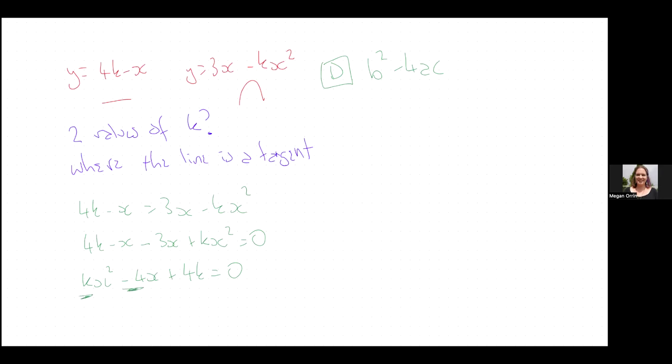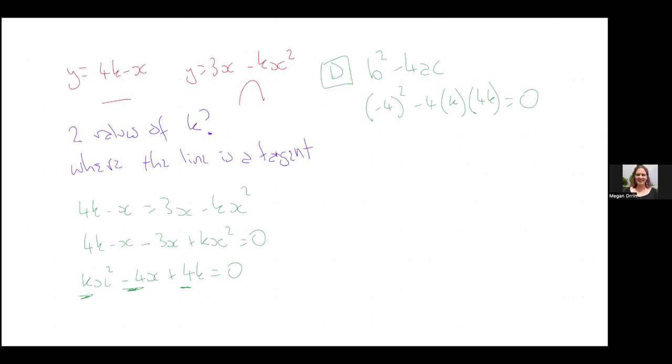So negative 4 squared minus 4 times a, which is k, and then c, which is 4k. Correct? Okay. Because the discriminant equals 0 if it's a tangent. Right? This is the discriminant. If there's one point of intersection, the discriminant has to equal 0.